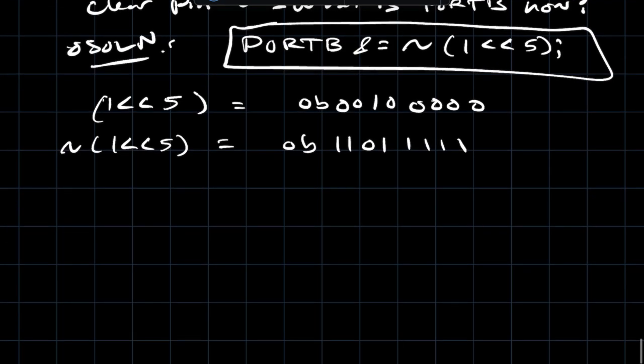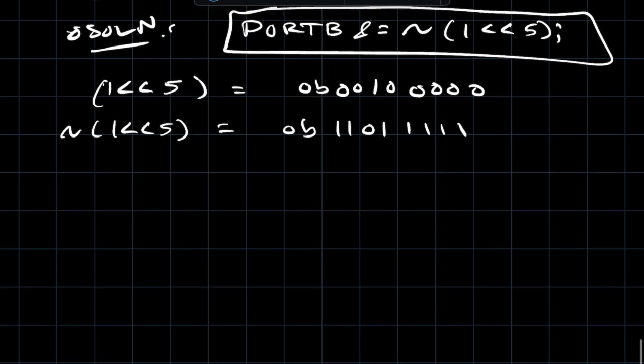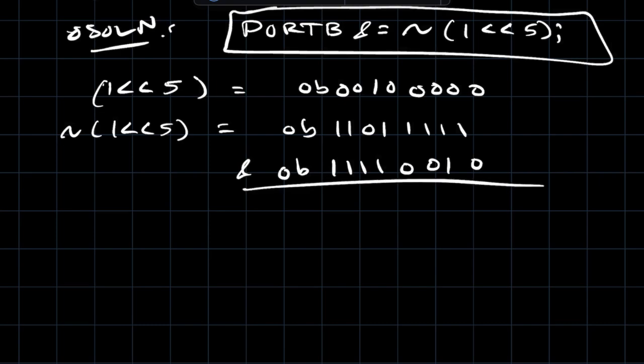And now all I have to do is AND that with the original F2 value. So that would be 0B 1, 1, 1, 1, 0, 0, 1, 0. And again, we're taking a bitwise AND, so it should only be 1 when they're both 1.